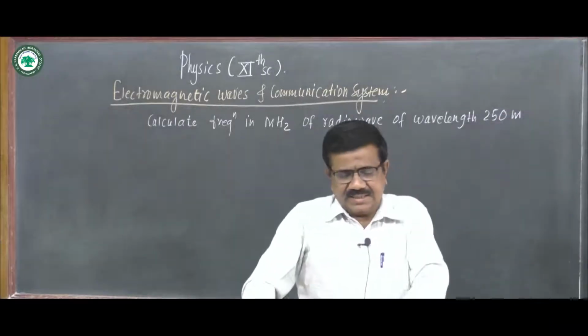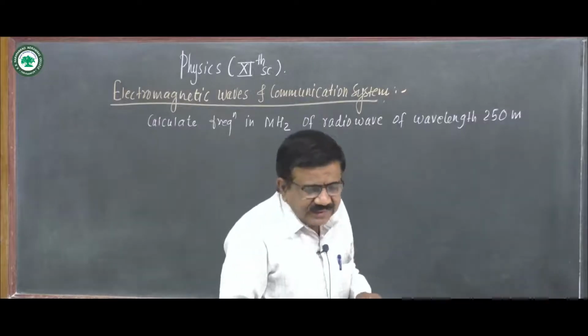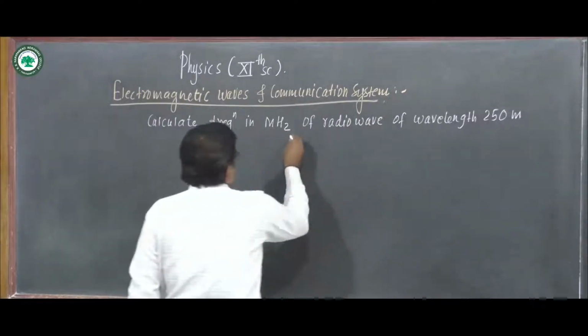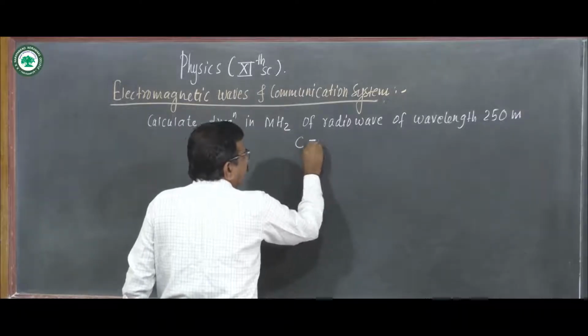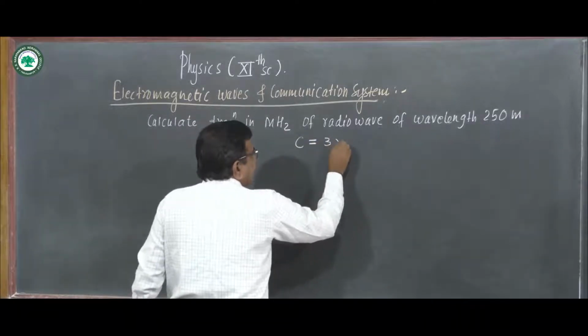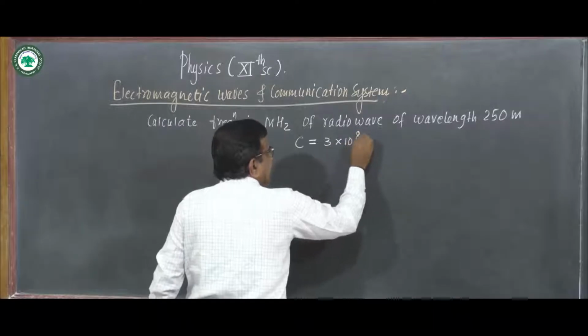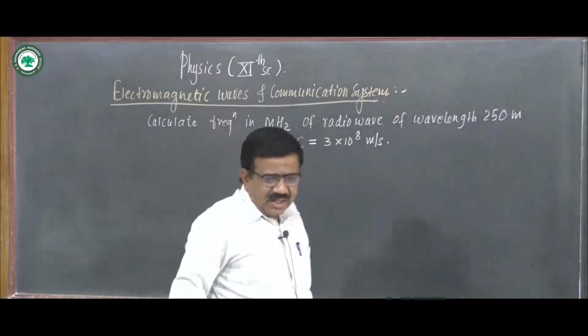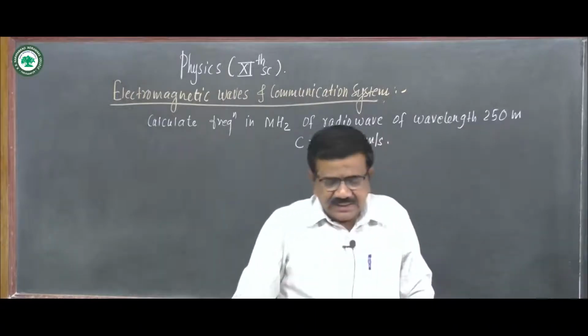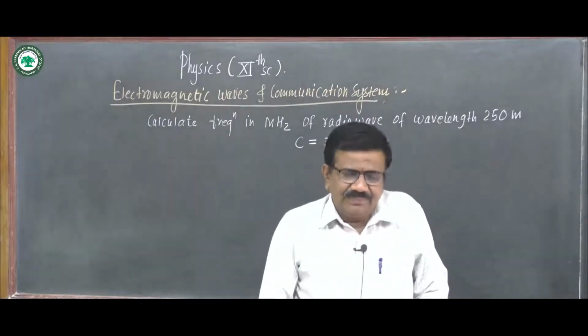One main thing is that the speed of all EM waves is the same as the speed of light in vacuum, that is 3 into 10 raised to 8 meter per second. And here we have to find the frequency.